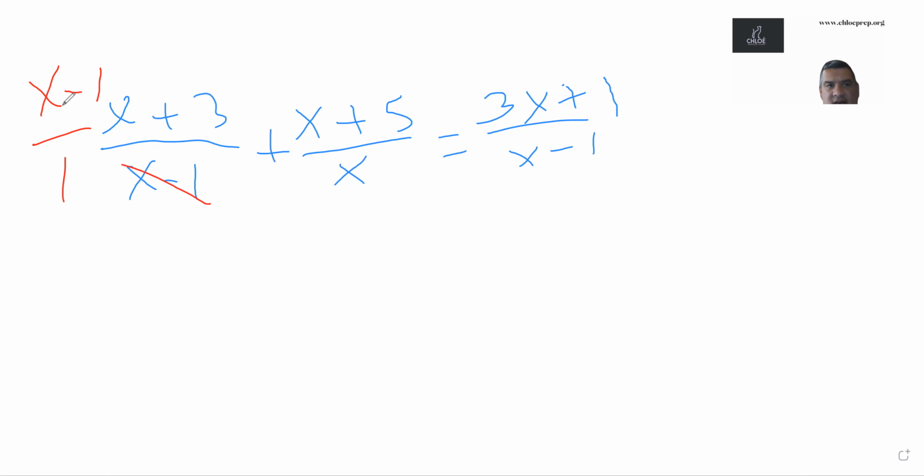This right here, we're going to just leave it, but it cancels out as well. And I'll show you why we have to leave it. But the important thing is that it makes that x plus 3 just drop down. So x plus 3 is a lot easier to deal with than x plus 3 over x minus 1.